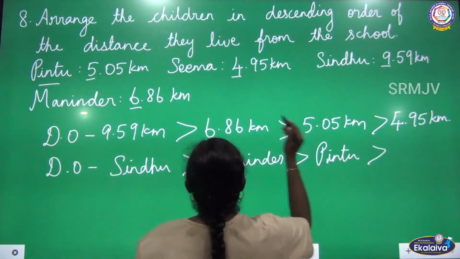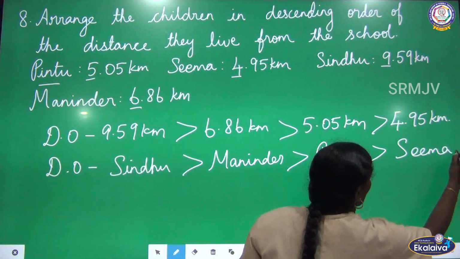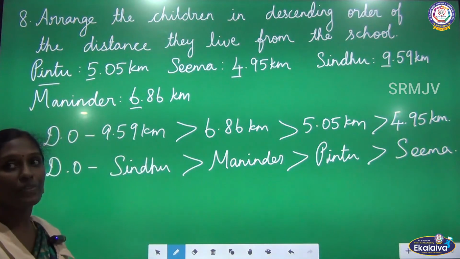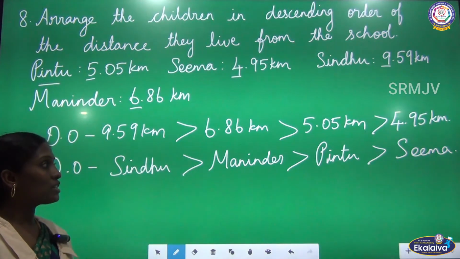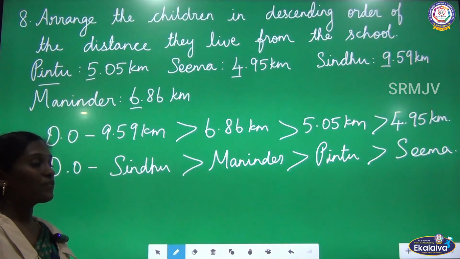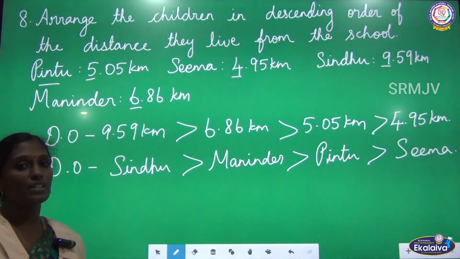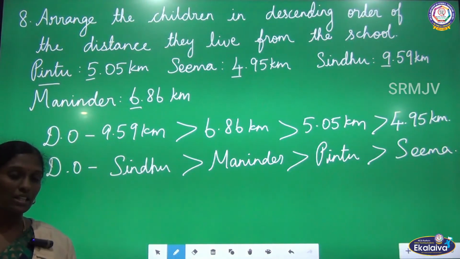And 4.95 Seema. Now we have arranged the given children's name in descending order according to the distance from the school. Was it clear, children? To compare or to arrange the numbers, first we have to check the whole number part. After that, first decimal place, then second decimal place, like that we have to compare the decimal numbers.